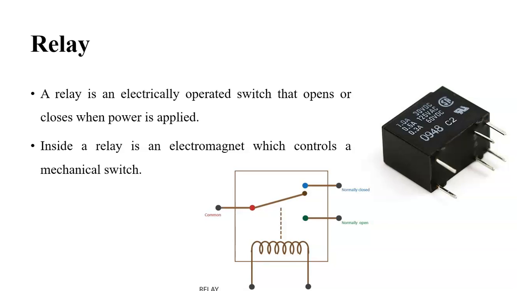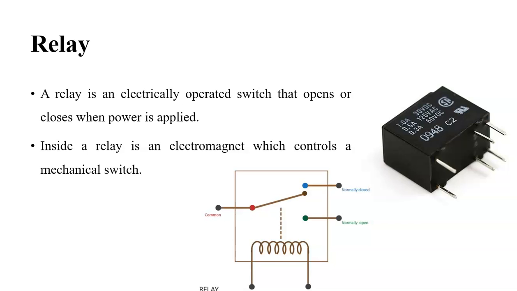For example, if the relay is energized by 5 volts, we supply 5 volts to the coil, which forms electromagnetic energy. That electromagnet will attract the metal, which is used for the contact point.